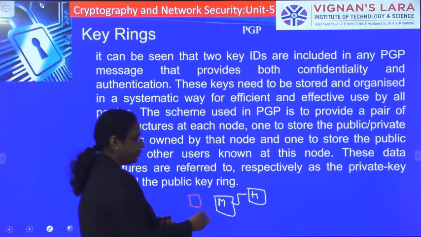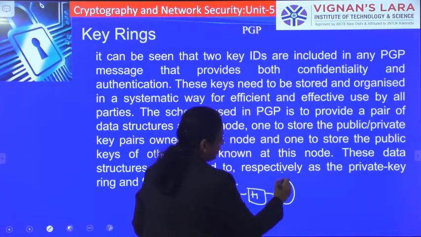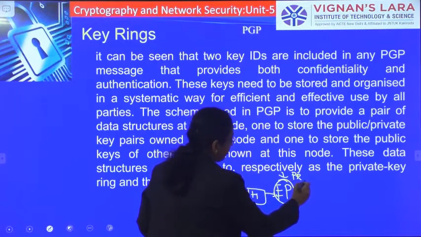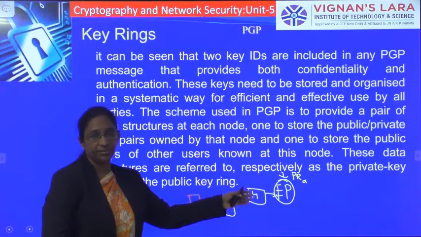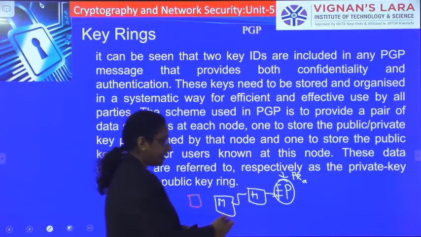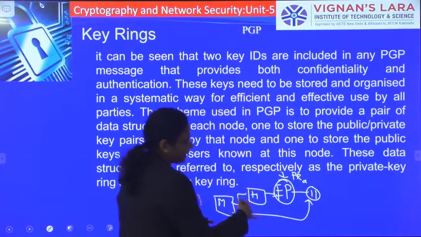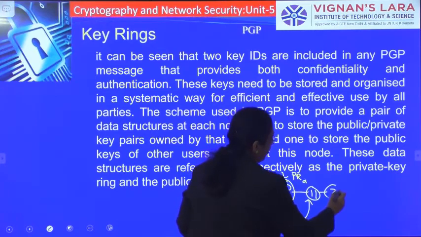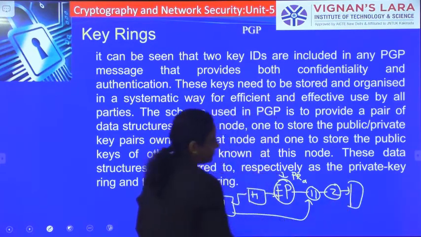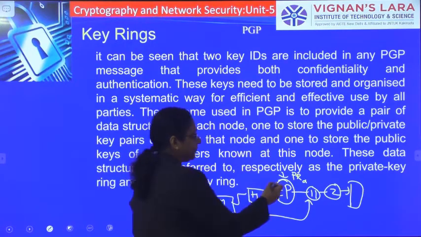This hash value is encrypted with the private key of the source, and then it is attached to the message, and then zip operation is performed, and it is sent to the receiver.